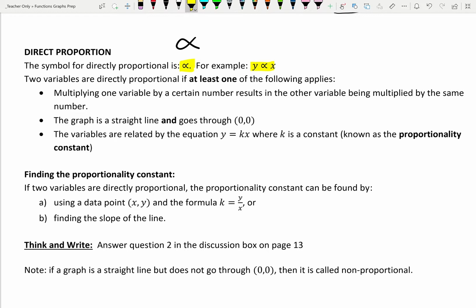And there's three ways to tell if two variables are directly proportional, and they are these. So if we multiply one variable by a certain number, it results in the other variable being multiplied by the same number. For example, if we double x, then if it's directly proportional, we would see a result of double y.